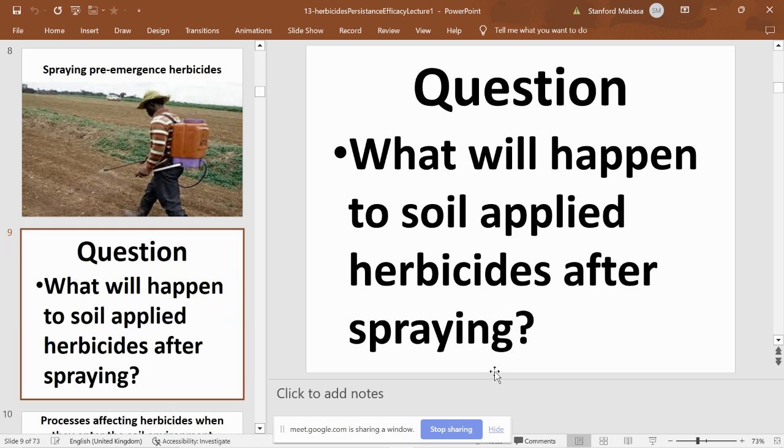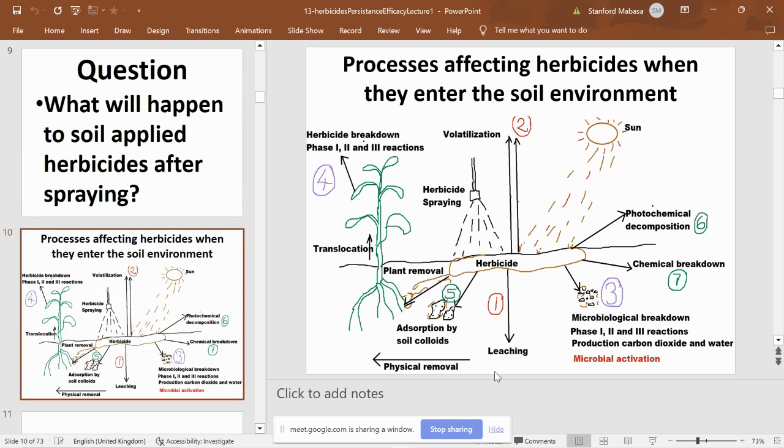So the question is, what will happen to soil applied herbicides after spraying? In order to answer this question, we need to understand 7 processes which can happen to the herbicide after it has been applied to the soil.